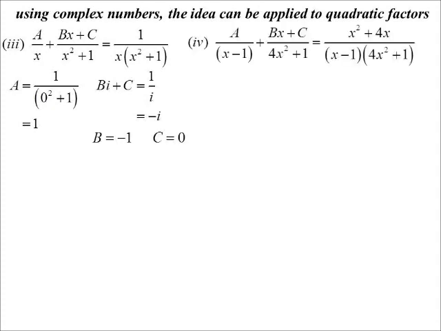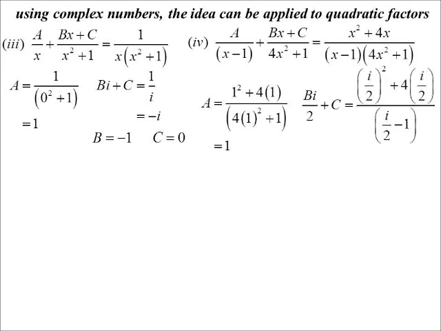All right, let's try it with this one then. To work out a, fair enough. Cover it up, I'll sub in 1. There's a. Now, 4x squared plus 1. What would make that equal to 0? i on 2. So substitute i on 2, I get bi on 2 plus c is equal to (i on 2) squared plus 4 lots of i on 2 over i on 2 minus 1.